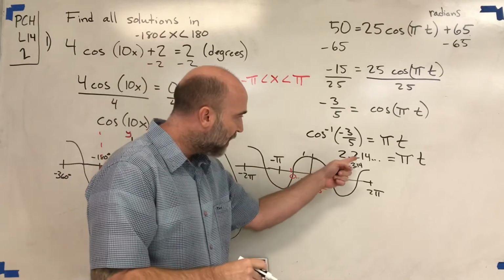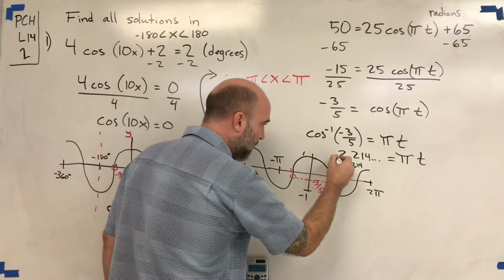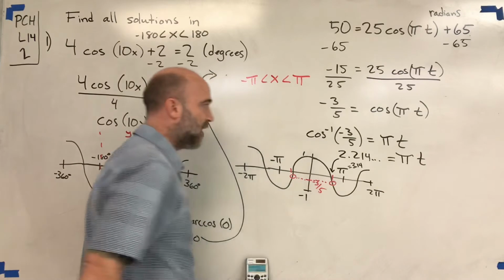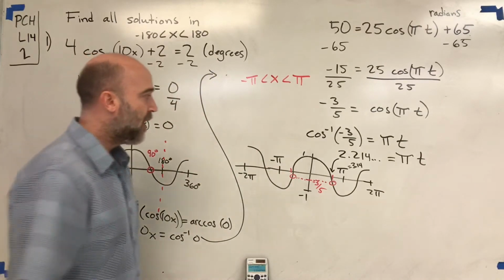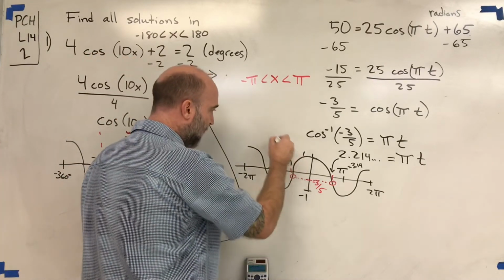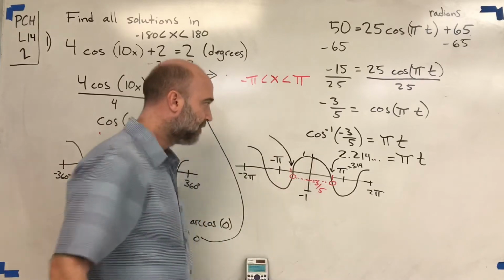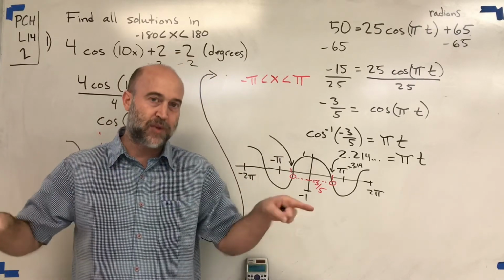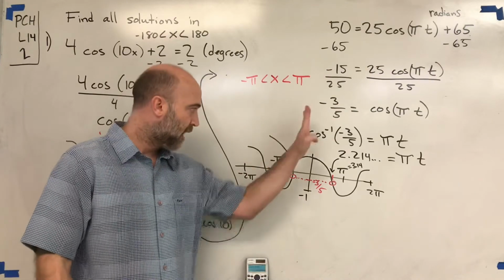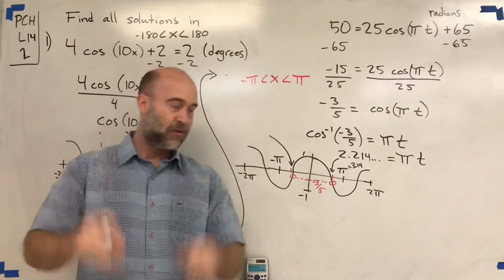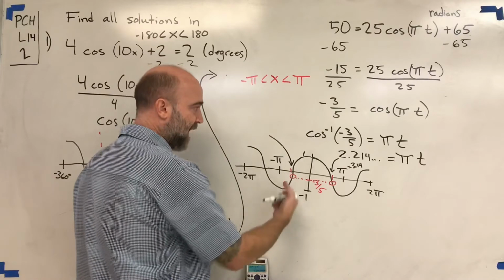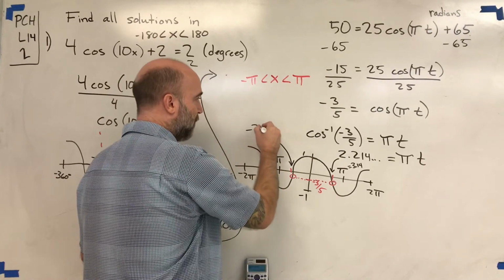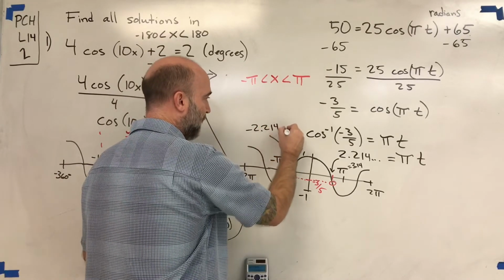So this 2.214, that's this answer right there. Well, what do you think that other answer is? Notice it's symmetrical on both sides of the y-axis. So that means this answer right here is negative 2.214 dot dot dot.